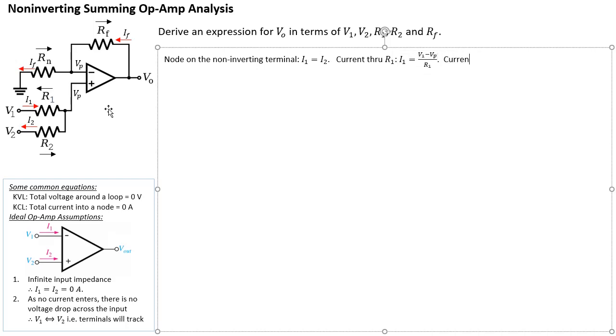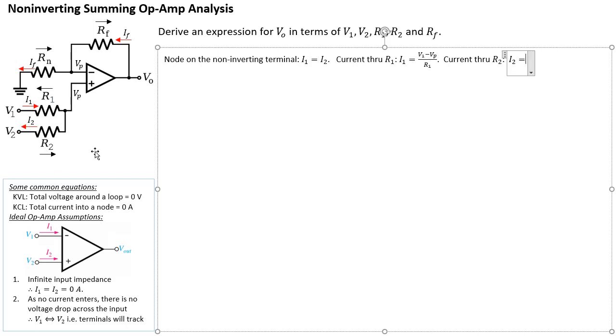And similarly, the current through R2 is basically I2. If you look at I2, it's V over R again.